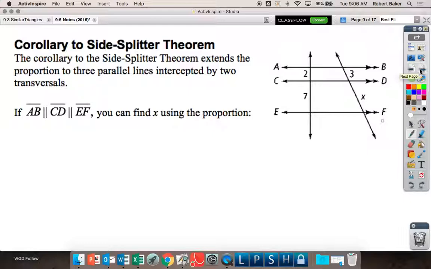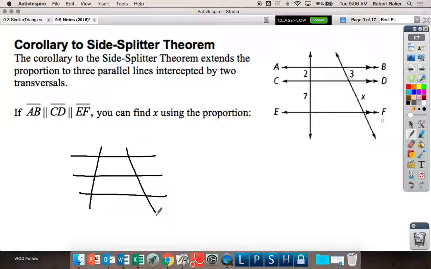says if I have sets of parallel lines and 2 transversals, you can use the Side-Splitter Theorem. So it's called a corollary because it's just a disguised version of the first one. So let me say I draw a parallel line, parallel line, parallel line. Right now it looks like this.